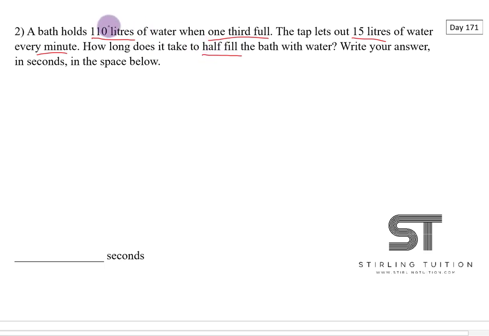So first off, I'm going to see how much the bath holds when it's completely full. So when it's 1/3 full, 1/3 equals 110 litres. So 3/3, which would be completely full, will be 3 times this, which is 330 litres. But we need to know how long it would take to half fill the bath.